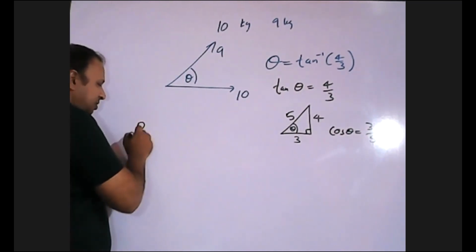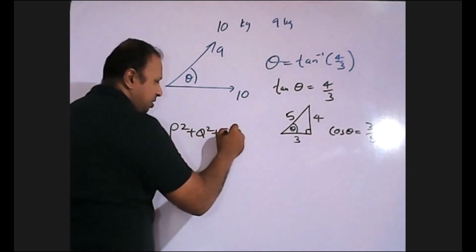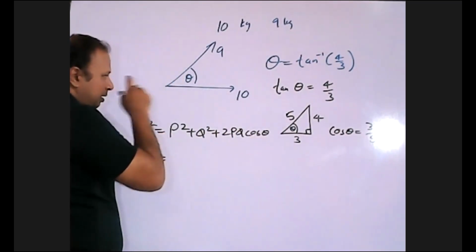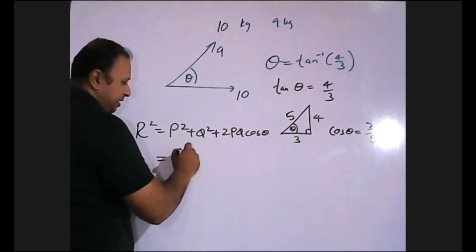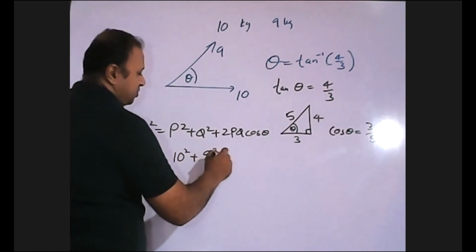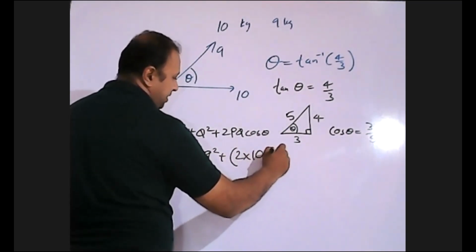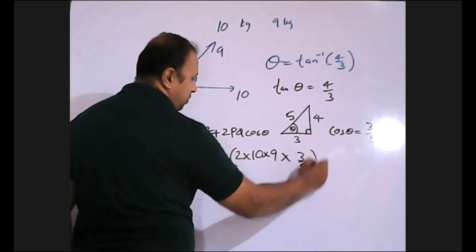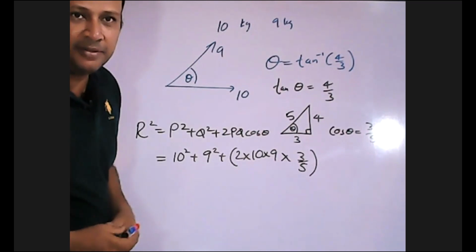R squared equals P squared plus Q squared plus 2PQ cos theta. So R squared is equal to 10 squared plus 9 squared plus 2 times 10 times 9 into cos theta, 3 over 5. Okay, I think now you can do the calculation.